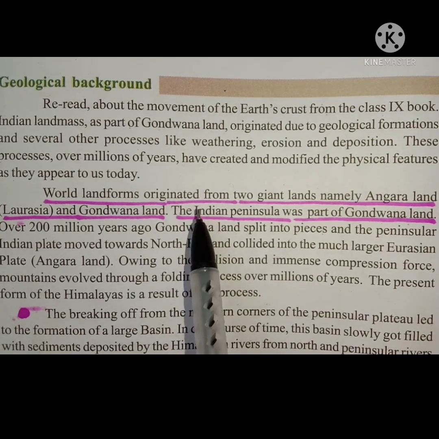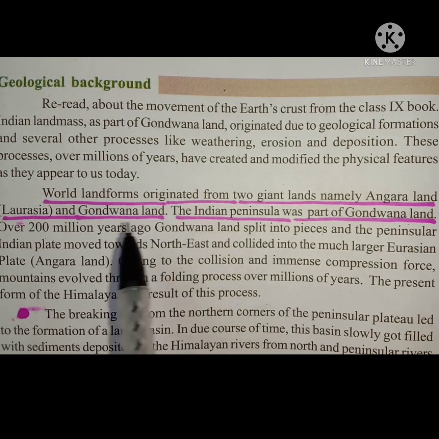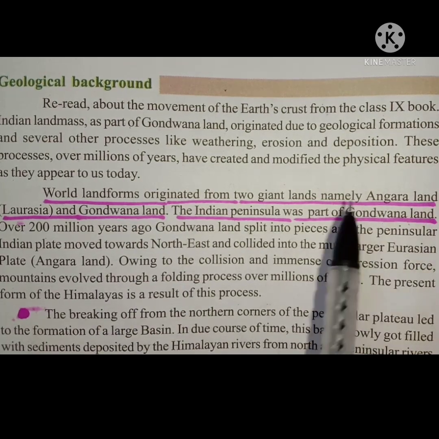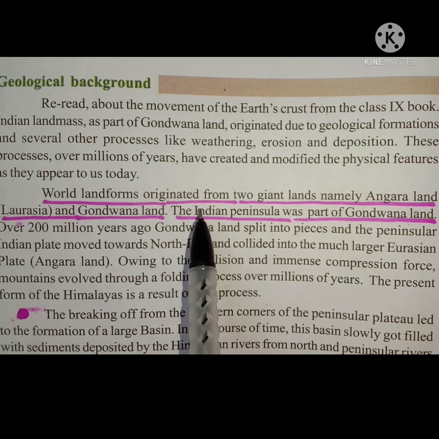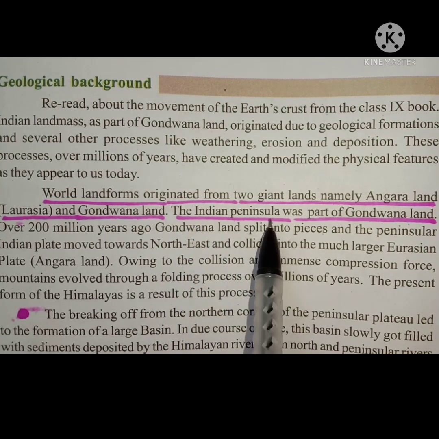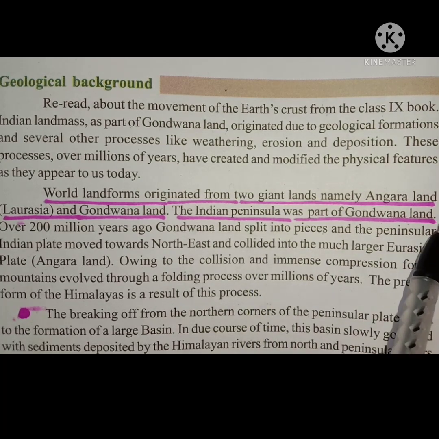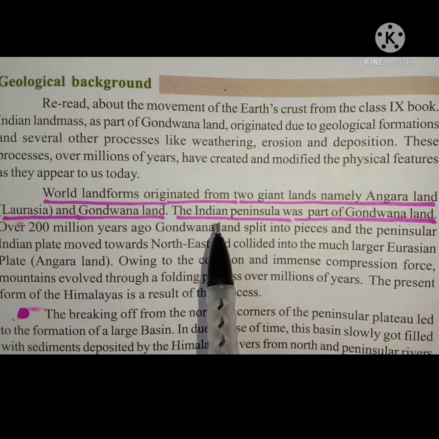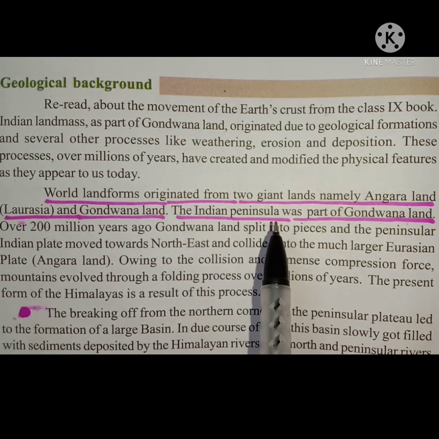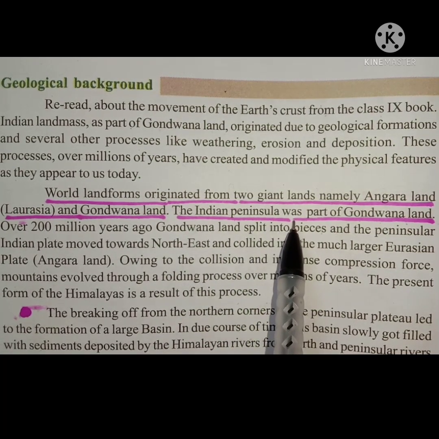The 2 land masses were Gondwana land and Angara land. From which land mass did India originate? India originated from the Gondwana land mass.